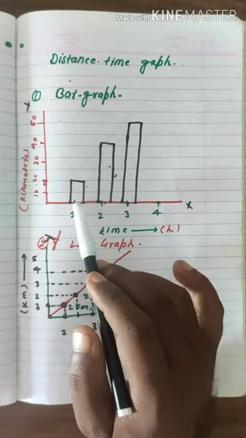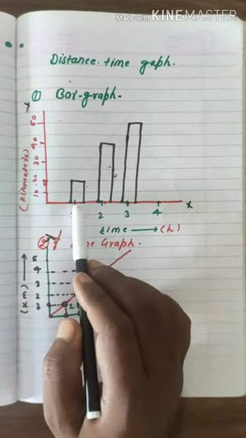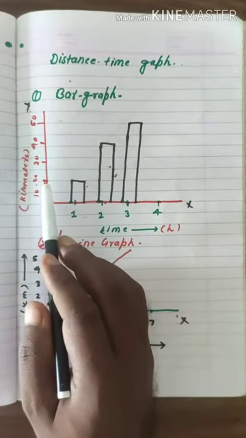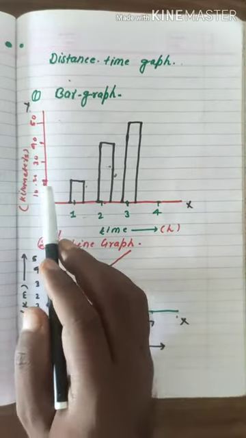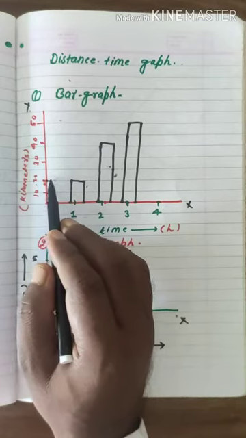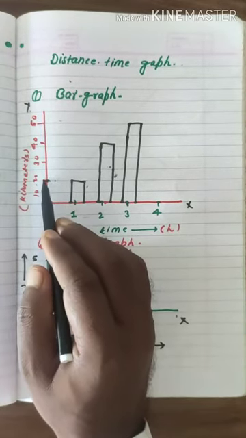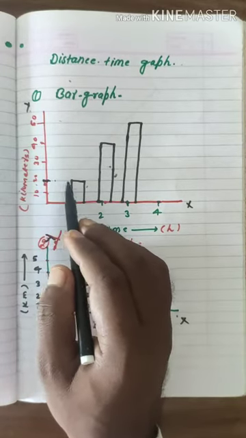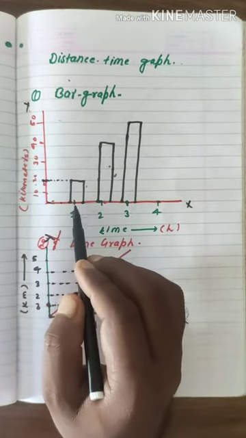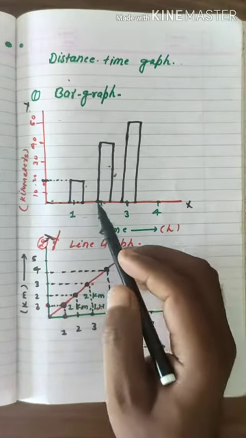So student, in 1 hour any vehicle is moving a 20 kilometer distance. So the y axis shows the distance covered by the vehicle, and the x axis shows the time taken by the vehicle.